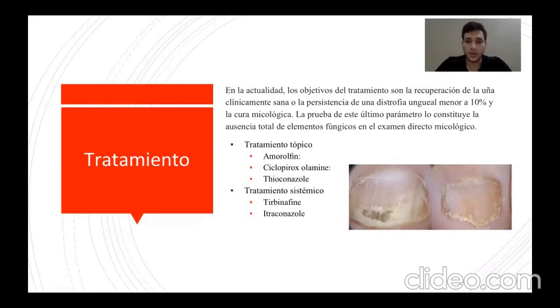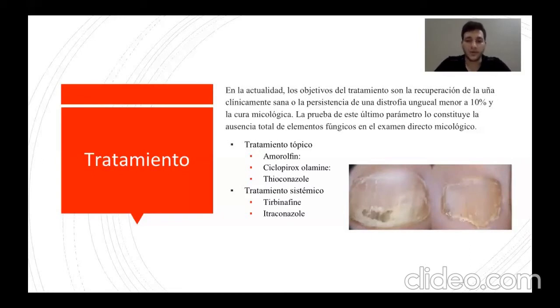We don't have to exceed 6 months of therapy. The tioconazole is a fungistatic and a broad spectrum. It belongs to the azole family and works by inhibiting ergosterol synthesis. It's applied twice a day for a variable period of time, depending on the type of fungus and on the type of infection.